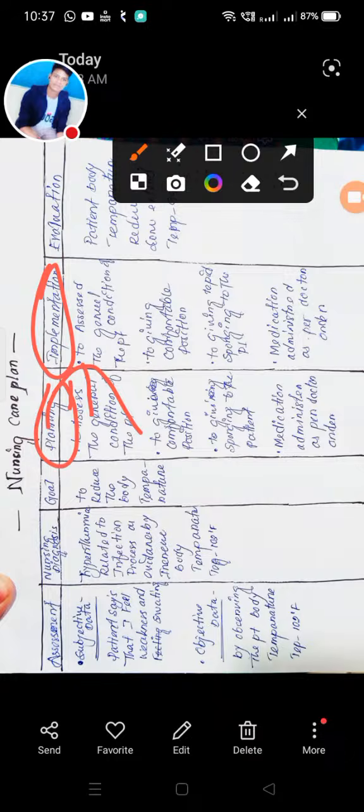In the implementation, I write that I have already checked the vitals. In the planning, I am going to give the patient a comfortable position, and in the implementation you write that I have already given the patient a comfortable position.